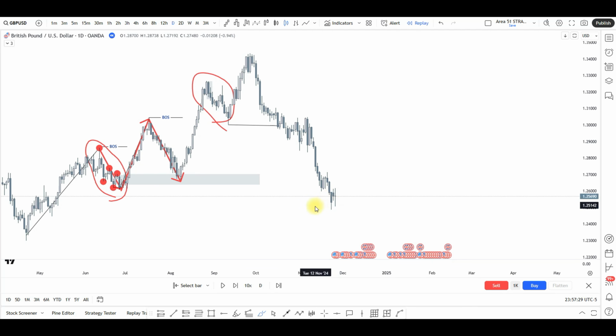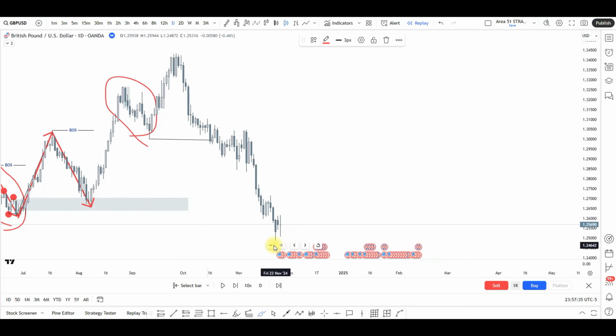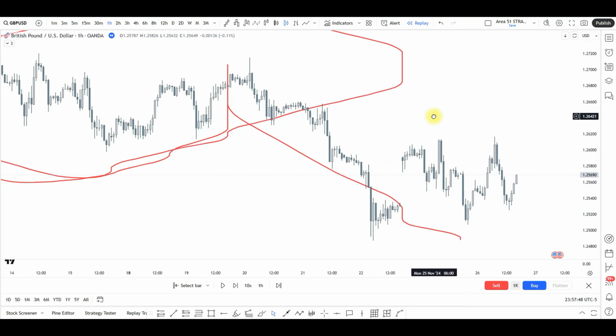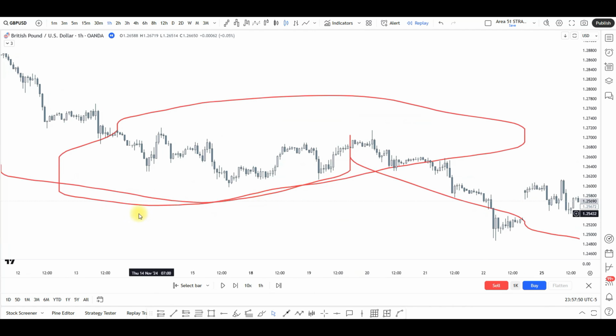Okay, even let's say this small corrective move. You see this small corrective move here? Drop, base, drop. This small corrective move, if you go to the 1 hour time frame, will look like this. You see, I put the circle. What does it look like?